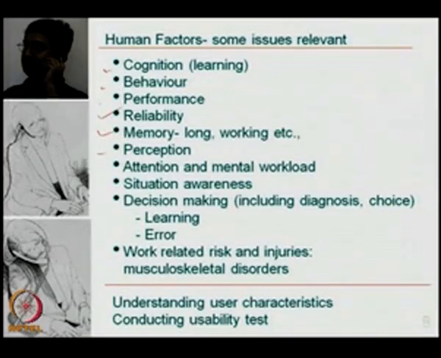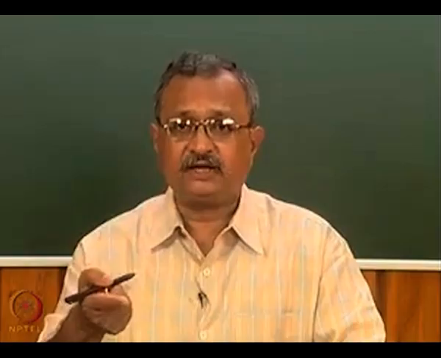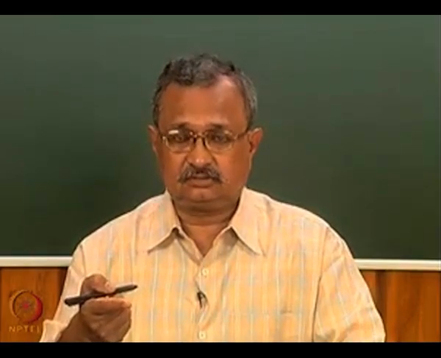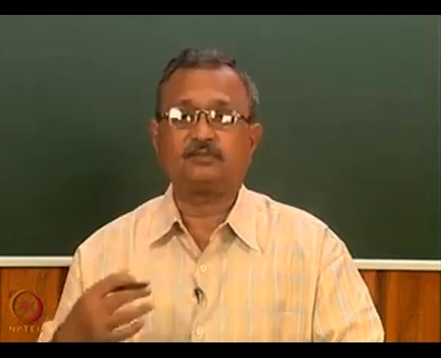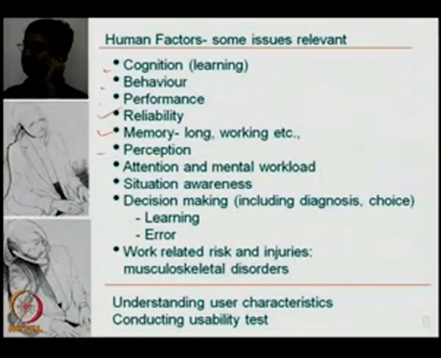How fast I can learn to use the product, and what are the factors responsible for that selection, and error, why error comes. Is it due to some faulty design, or is there some problem with the man itself, why error takes place. Then work related risk and injuries, musculoskeletal disorders, understanding users' characteristics, conducting usability tests is necessary to make a product good.